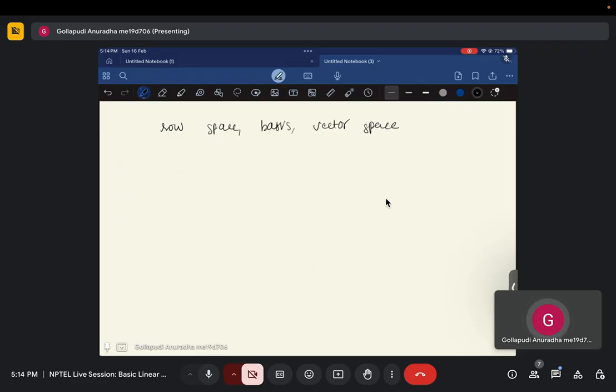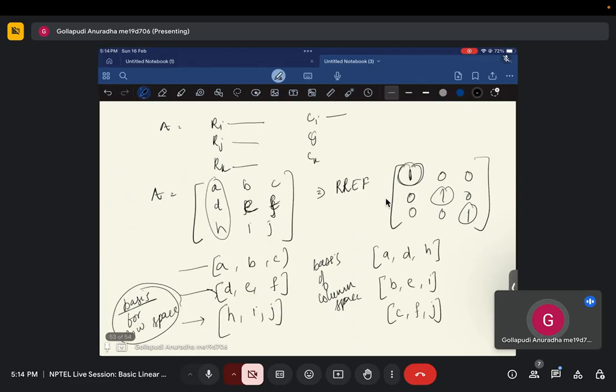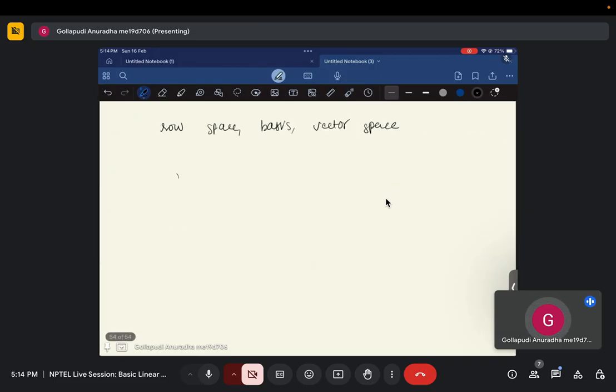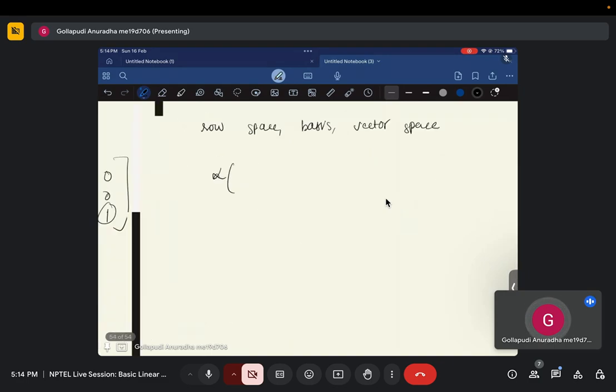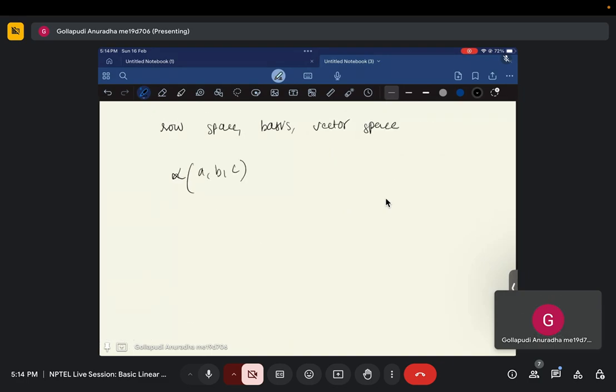So what I'm saying is this is the basis. With all the linear combinations, alpha into A, B, C, gamma, whatever, these three things, you'll get a vector space. You can see it is in R3, right? But R3 means much more than that.